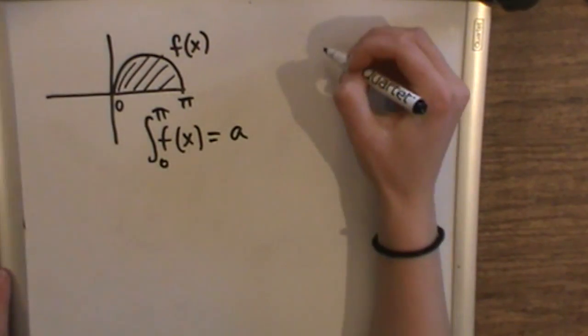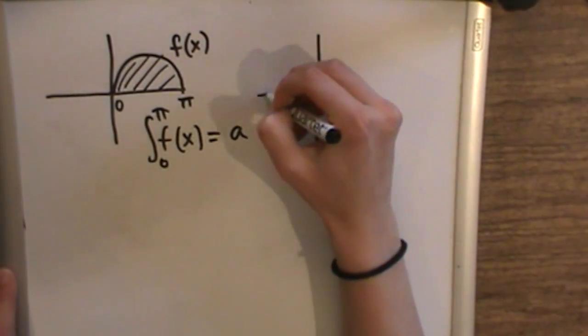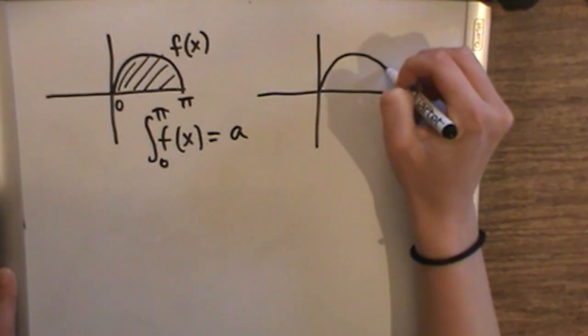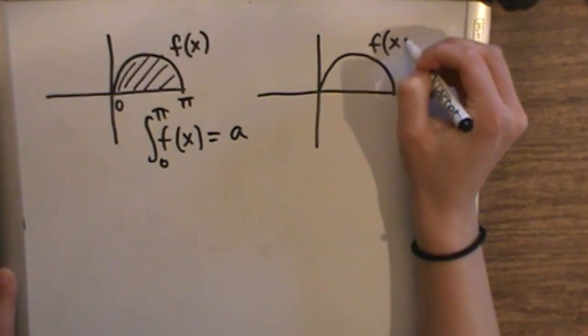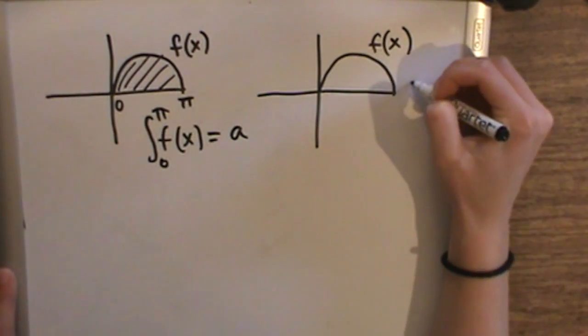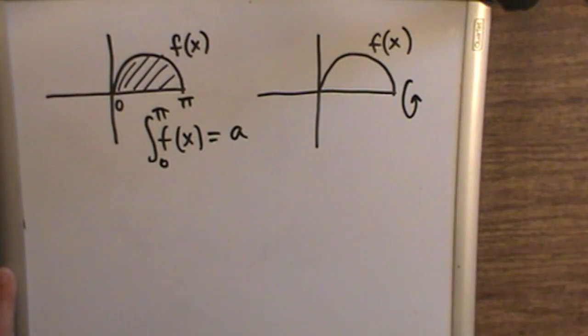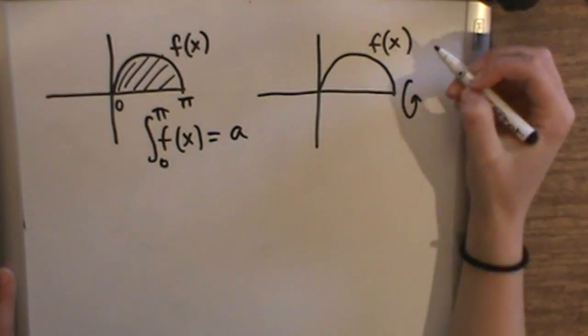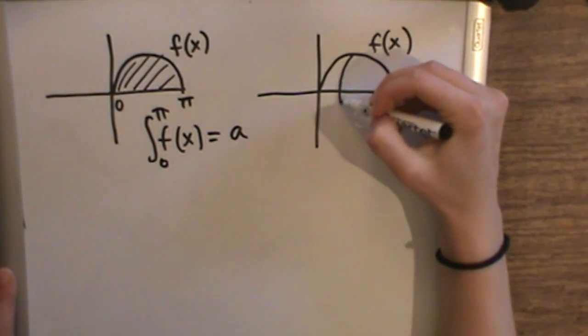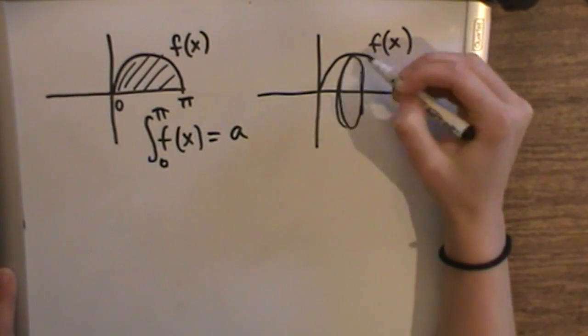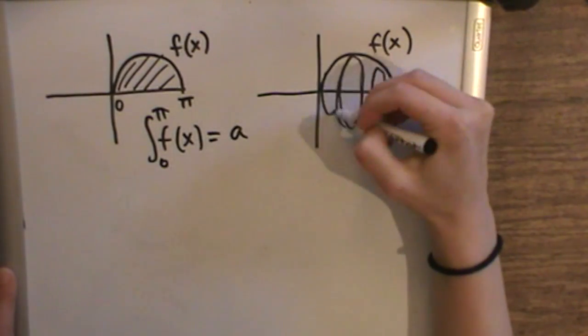The integral can also be used to calculate the volume of any function, f of x, that is rotated around a given axis. In this case, if it was rotated around the x-axis, it would create a shape with cross-sections that are kind of disc-like.